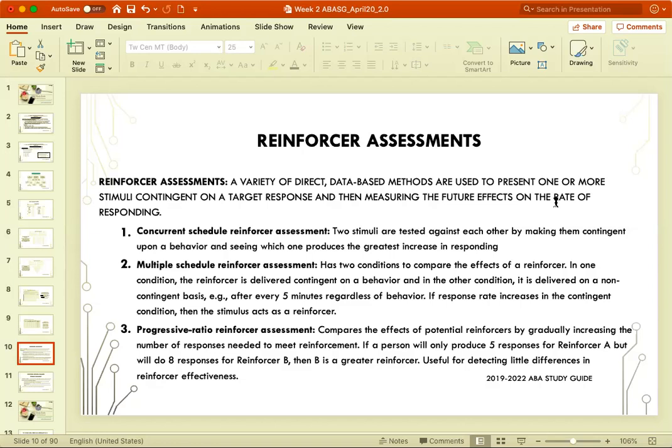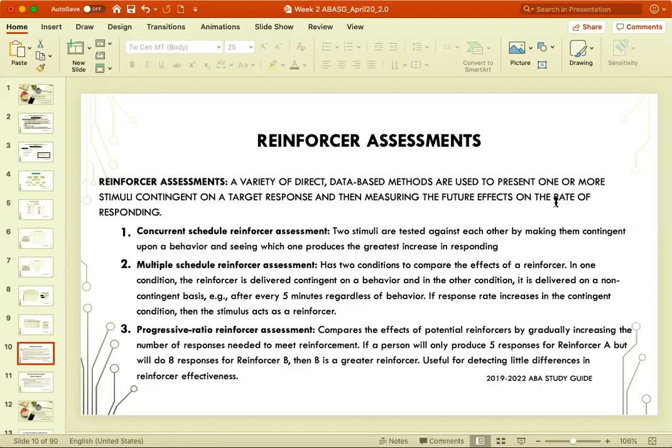And then progressive ratio reinforcer assessment compares the effects of potential reinforcers by gradually increasing the number of responses needed to meet the reinforcement. So if a person will only produce 5 responses for reinforcer A, but 8 for B, then B is a greater reinforcer.